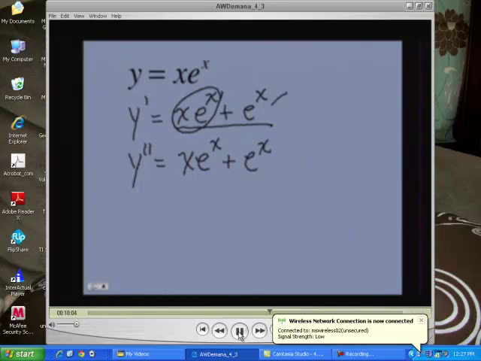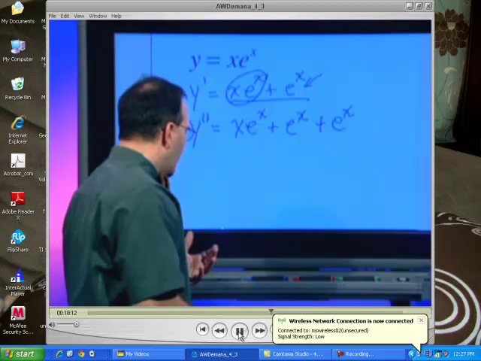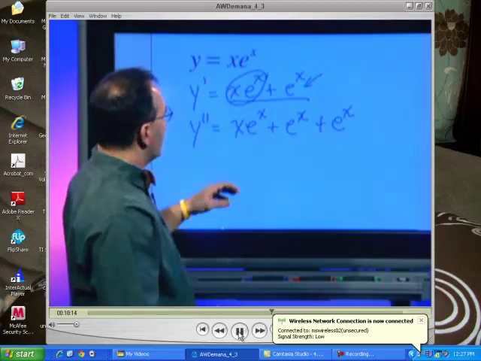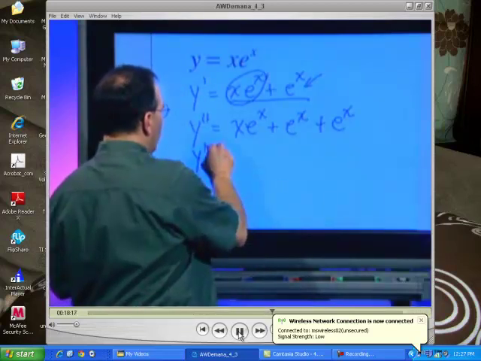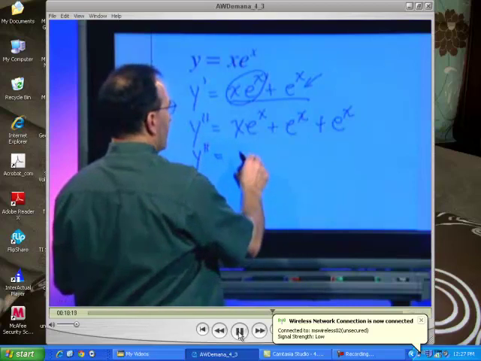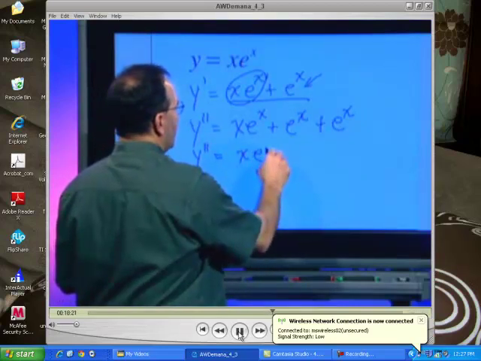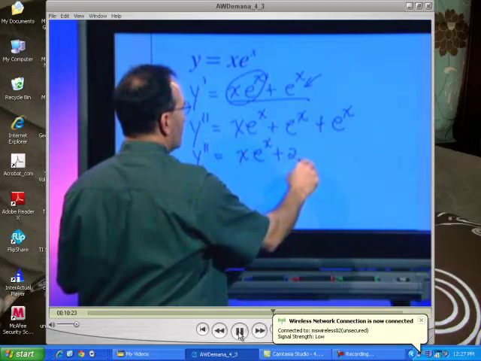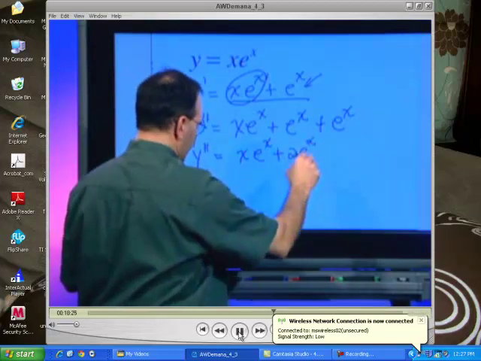But then we have to do the derivative of that, so the derivative of e to the x is e to the x. So this time, what we have in terms of the second derivative is y double prime equals x e to the x plus 2 e to the x.